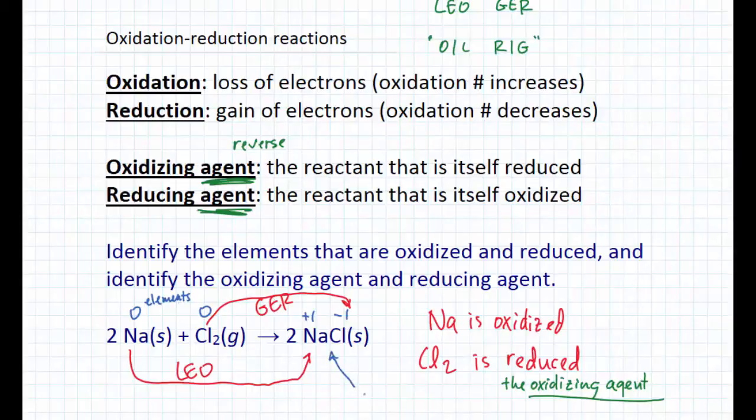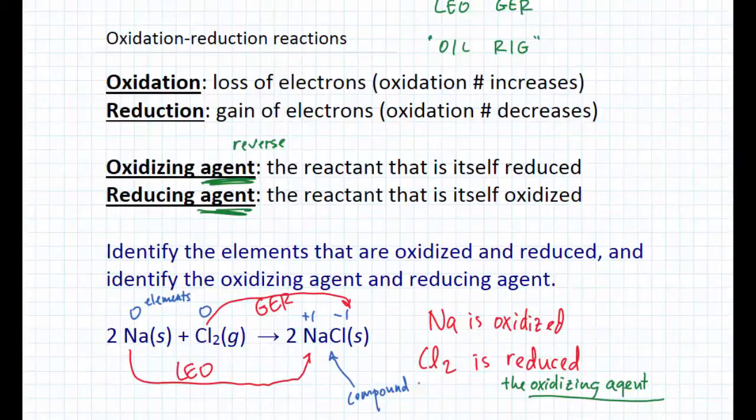But here we have sodium chloride, a compound. And if you've got an ionic compound, the oxidation numbers of those ions are just the same as those ions' what? Charge. Yeah, they're charges. Na is plus, Cl is minus.